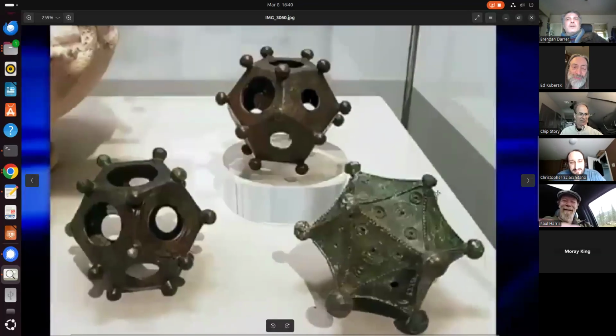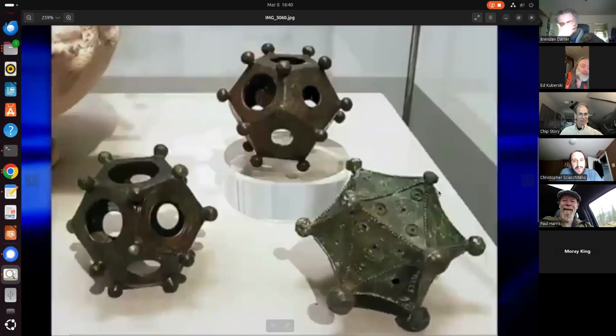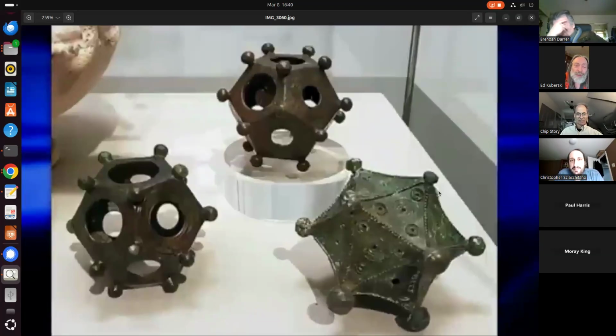So this is kind of important or interesting with our conversations about the dodecahedron because these have been found, I think, over 100 of them in Europe and Eastern Europe for the most part. But this is your dodecahedron, right? Again, it'll talk a little bit more about this.